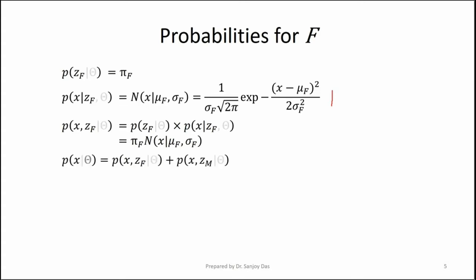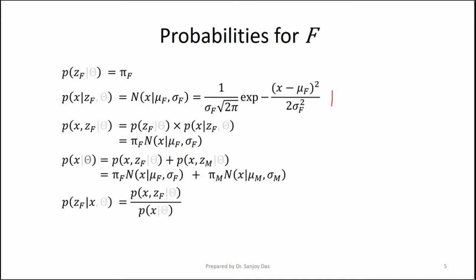P(X) equals, from the sum of probabilities, P(x, Zf) plus P(x, Zm), which is equal to pi f N(X given mu f, sigma f) plus pi m N(X given mu m, sigma m).